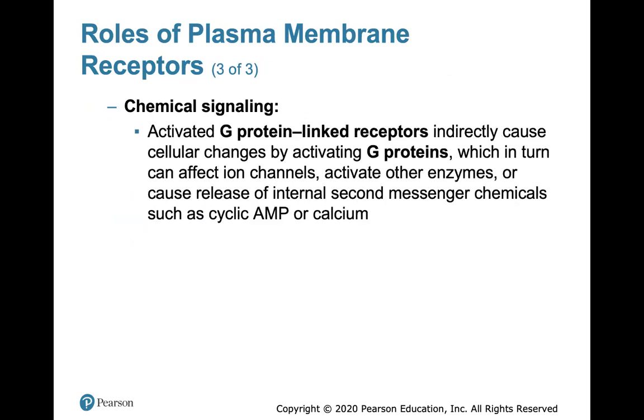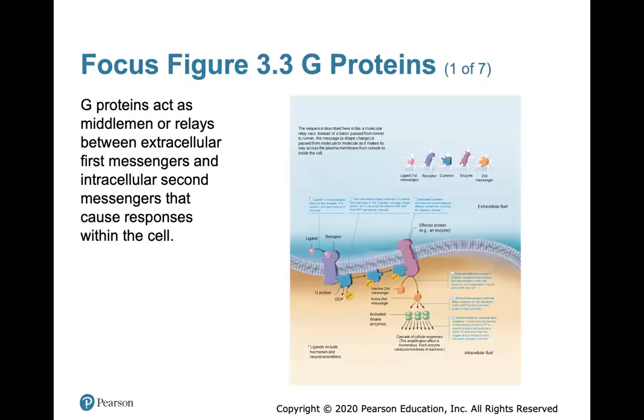This can activate what we call G protein linked receptors, which can in turn activate G proteins, which can affect ion channels, activate other enzymes, or cause release of internal secondary messenger chemicals such as cyclic AMP or calcium. When they bind to something, it could cause a cascade reaction inside the cell, which we will focus on when we get to some of the physiological processes of the body.